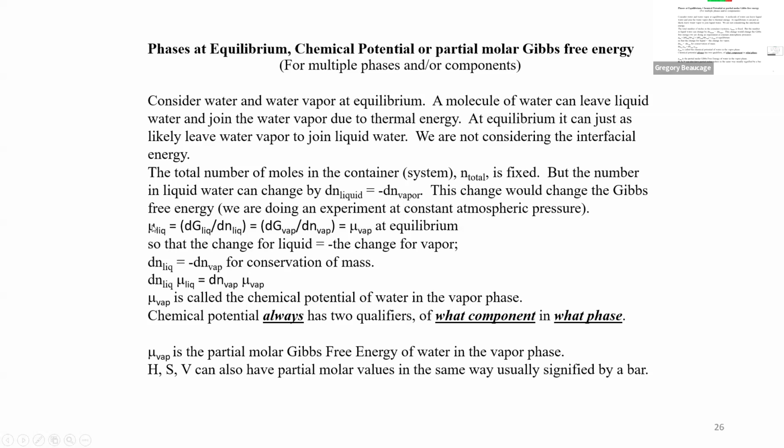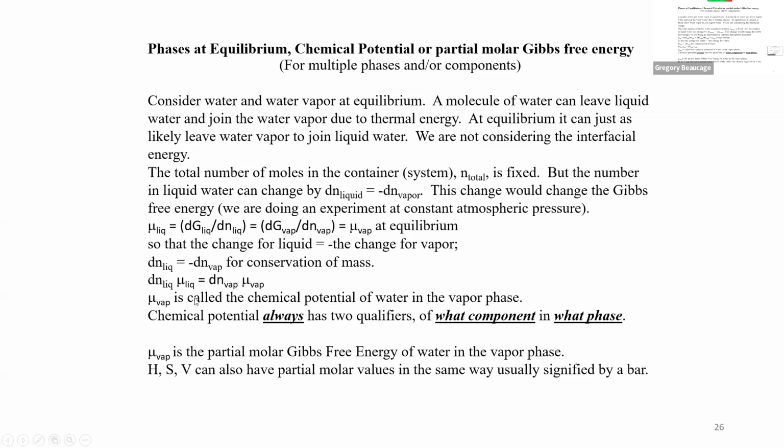So here's pure water and pure water in the vapor phase. Those two chemical potentials, when it boils, have to be equal at the boiling point. And the amount of each phase changes by the amount of heat you put in to swap it from liquid to vapor. So they're in equilibrium all the way through, but the heat moves the system from one phase to the other.